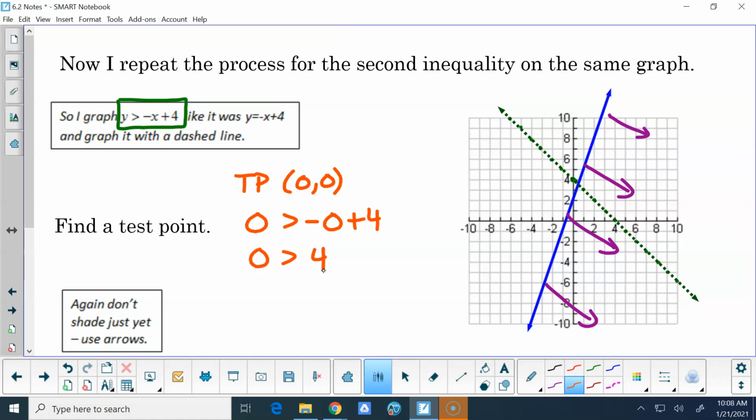Is that a true or a false statement? True or false? 0 is greater than 4. That's false. So since my test point was here, I'm going to shade on the opposite side of that line.